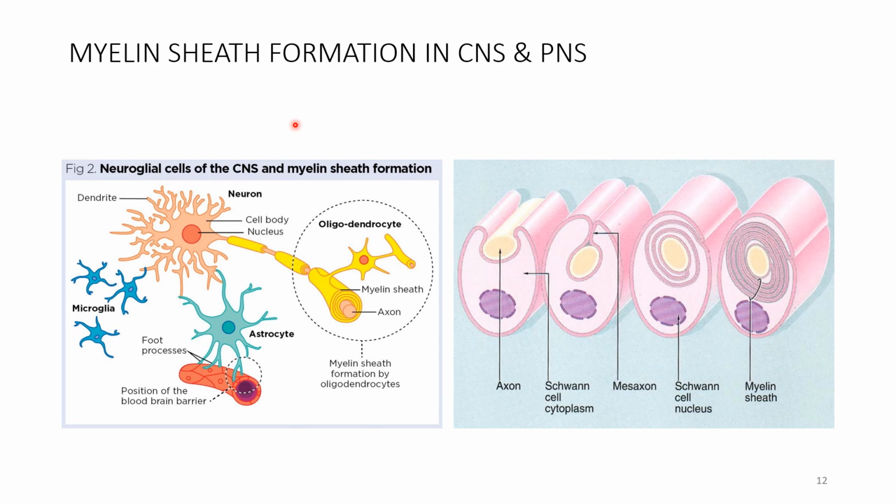You see myelin sheath formation in the central nervous system and peripheral nervous system. This is the central nervous system neuron. Here oligodendrocyte will form myelin sheath for this neuron and this neuron also.